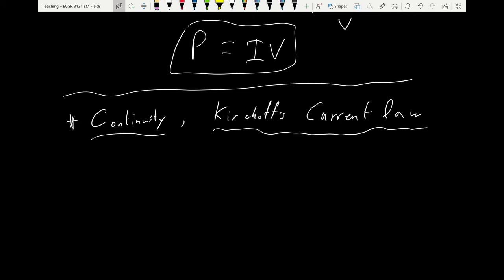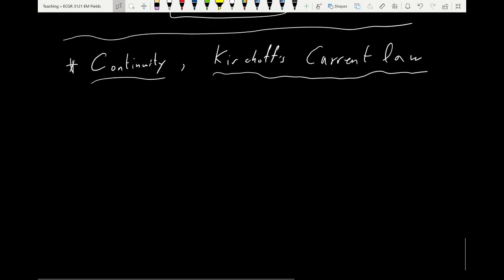Right. So the basic tenet, which perhaps we didn't discuss at the beginning of last lecture, but I'm assuming everyone knows this already, is that charge is conserved.